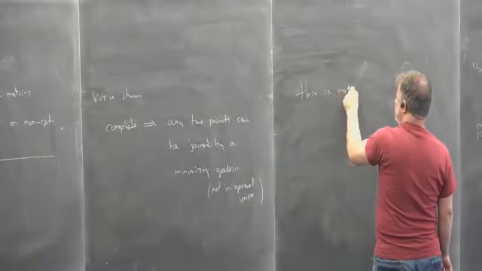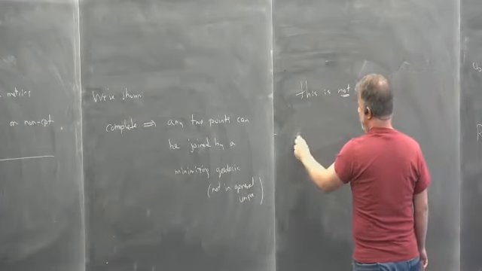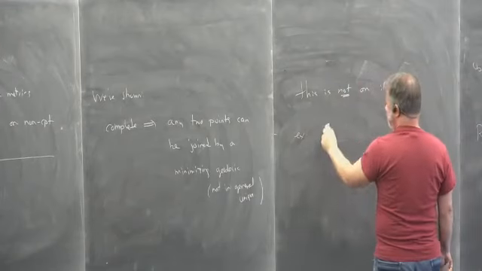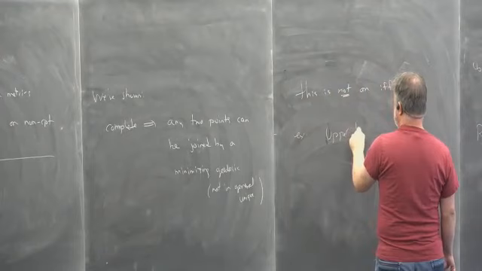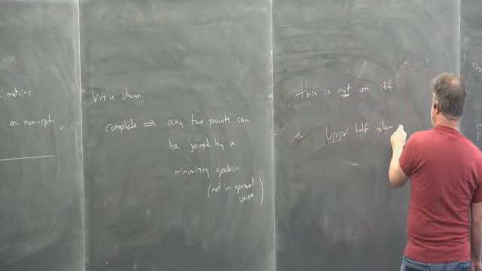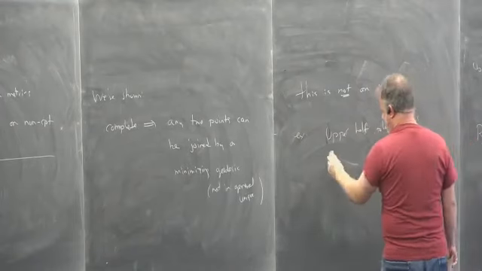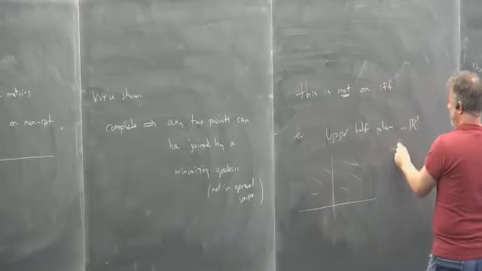This is not an if and only if. So here's an example. Let's just take the upper half plane in R2, with the Euclidean metric.